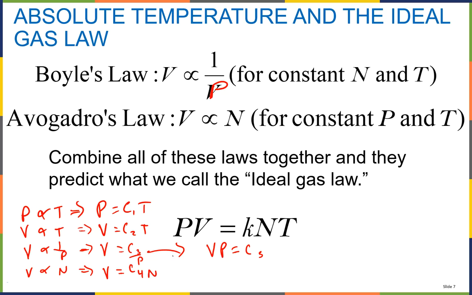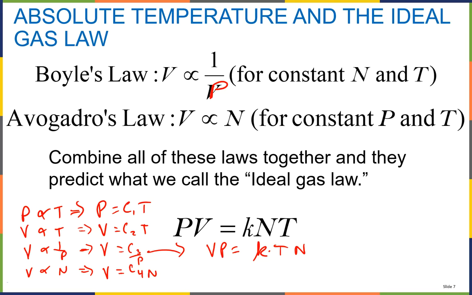And then since the other ones were holding P constant, we can say it's equal to constant 3 times temperature and N with other constants. I didn't write the other constants. And I just replaced this with some K for a combined constant that's combining the 3 constants into one.